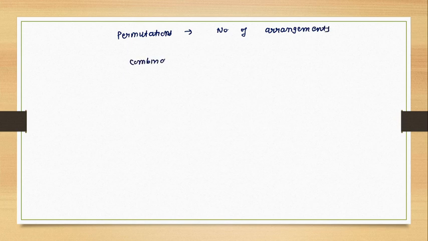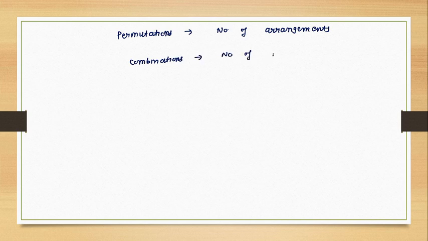What is the meaning of permutation? Number of arrangements. And what is the meaning of combination? Combination means number of selections.